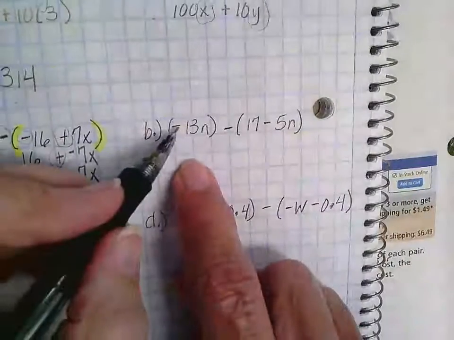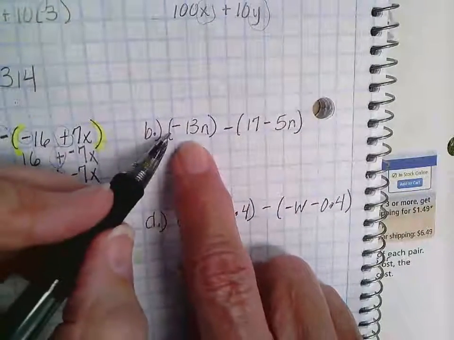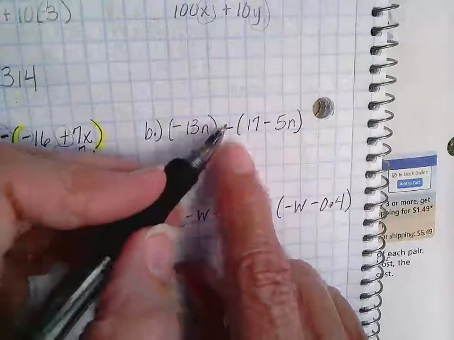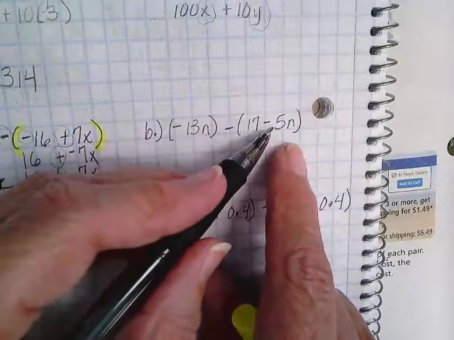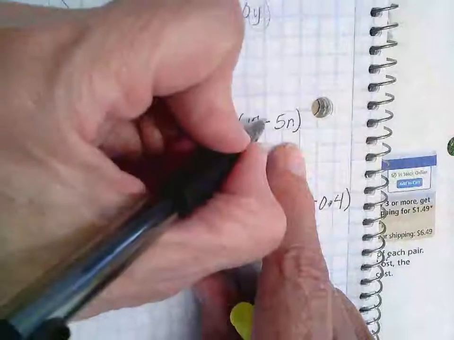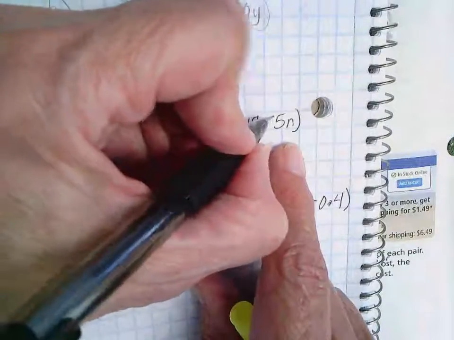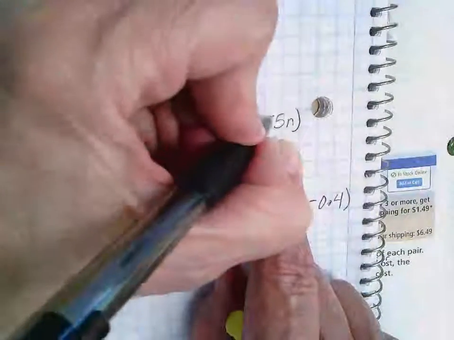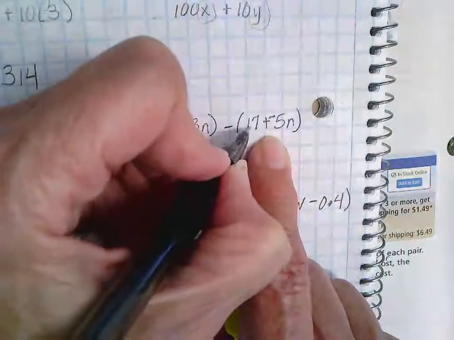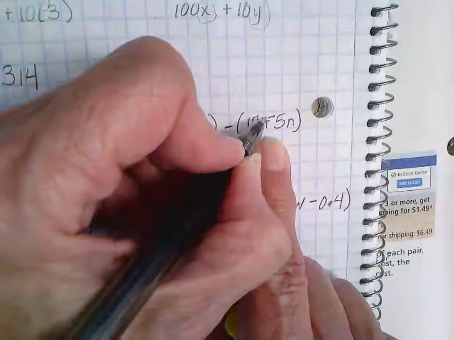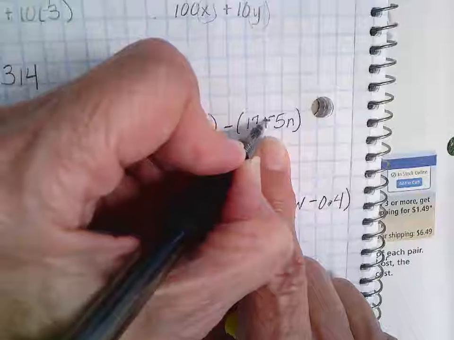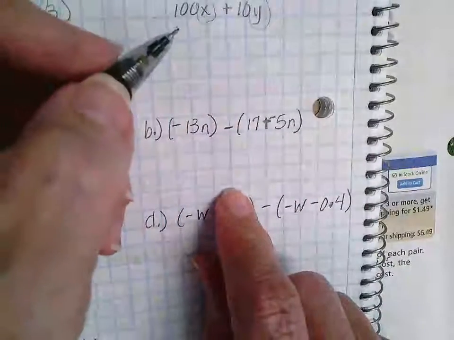B, negative 13n, that quantity, and from that we're going to take away 17 and a negative 5n. Because there was a subtraction inside of that parentheses, I want to change that to an addition. Remember, I want all my operations to be addition.